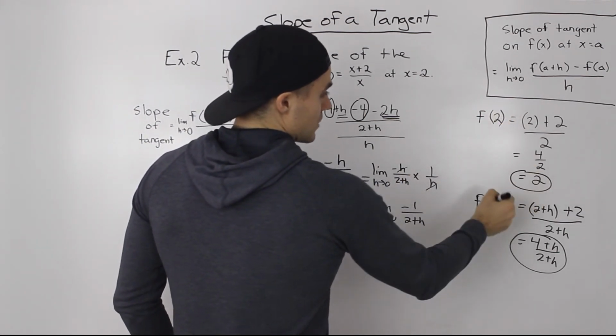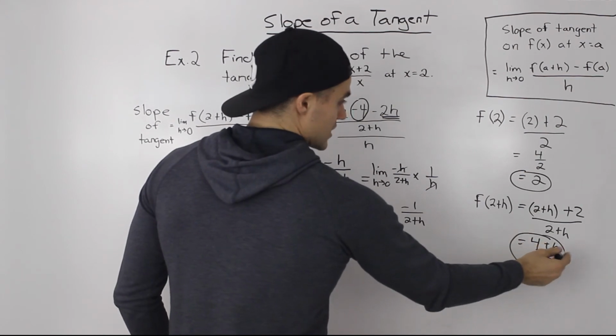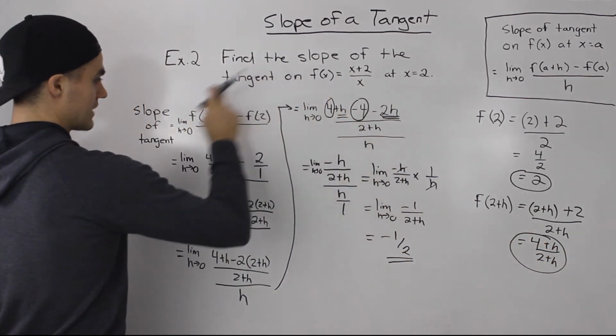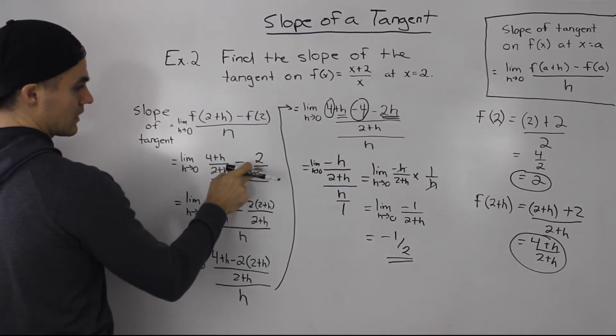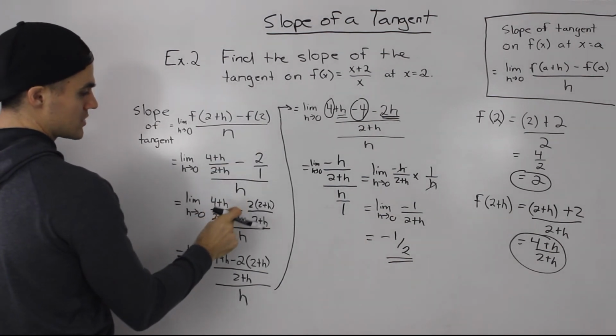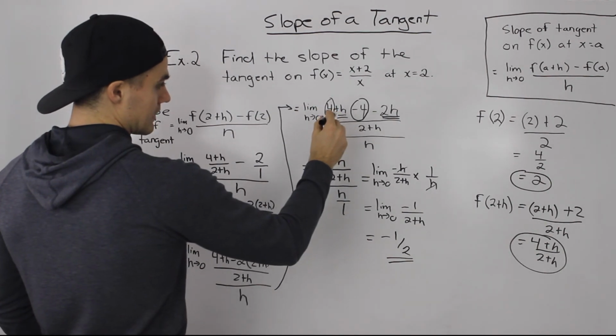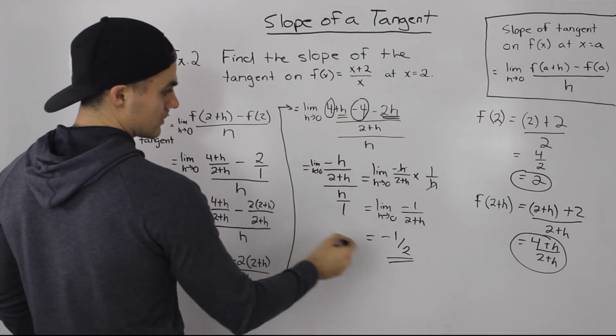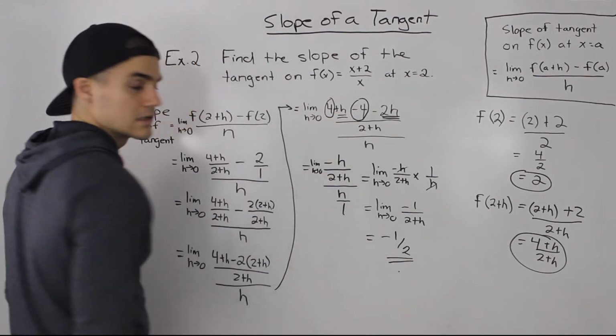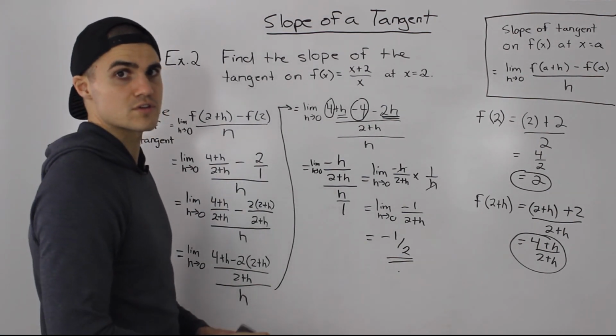So f of 2 was 2, f of 2 plus h was 4 plus h over 2 plus h. Then we plugged that back in here. For the numerator, we got a common denominator, did some algebra, and it continued all the way down until we got negative 1/2 as our answer for the slope of the tangent.